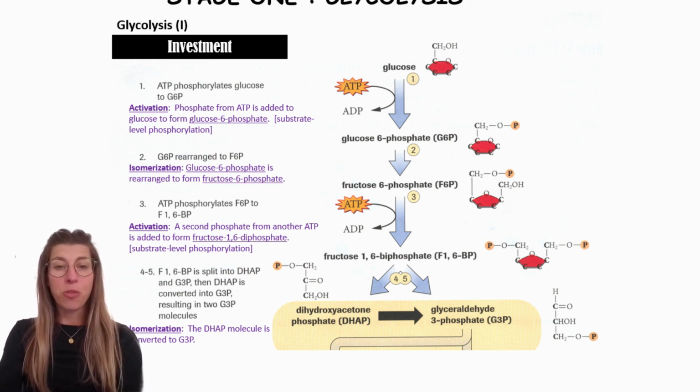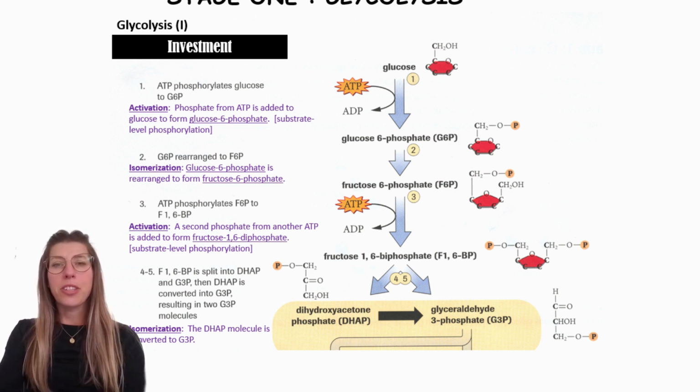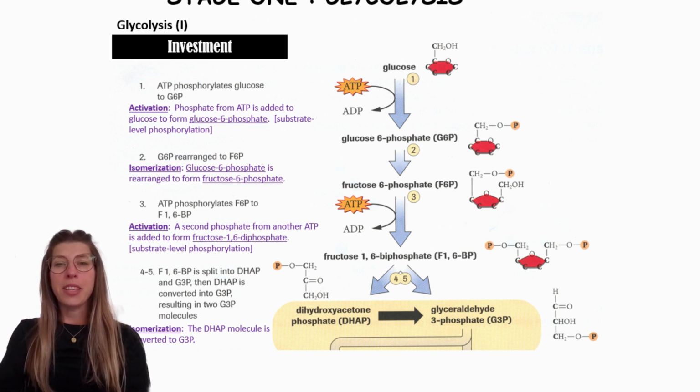And then steps 4 and 5 are shown together. This is another example of isomerization. So the fructose 1,6-bisphosphate, which in shorthand they call F16BP, splits. And when it splits, it becomes dihydroxyacetone phosphate, or in shorthand, DHAP.